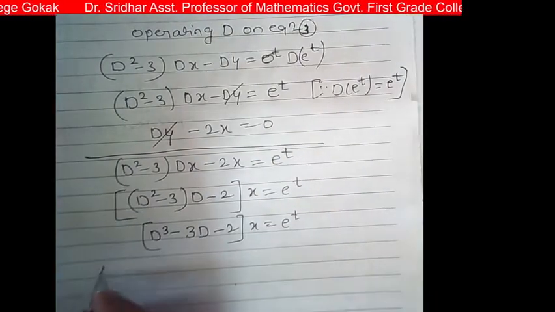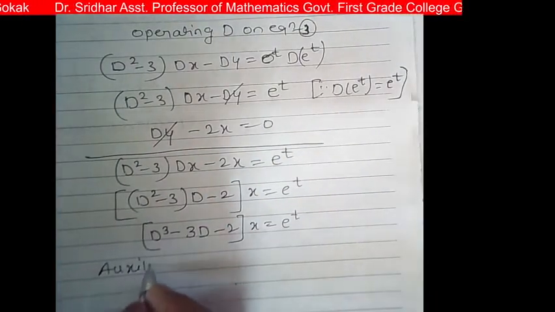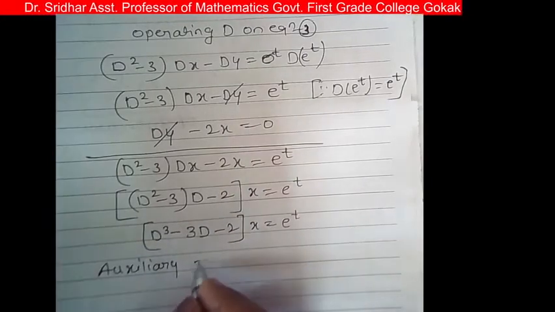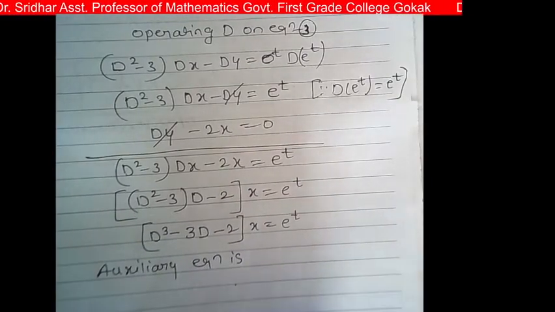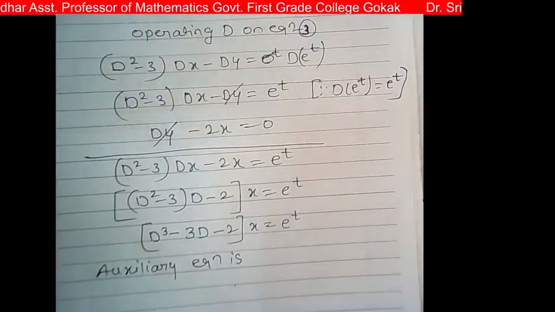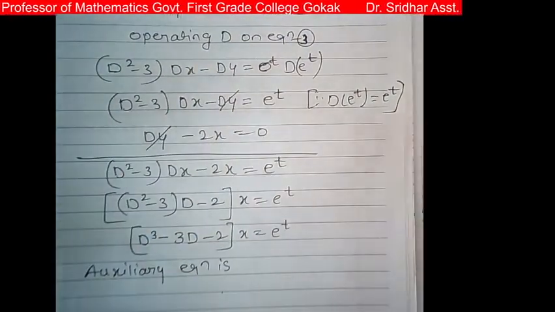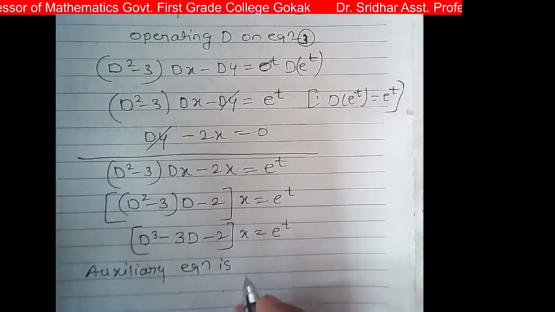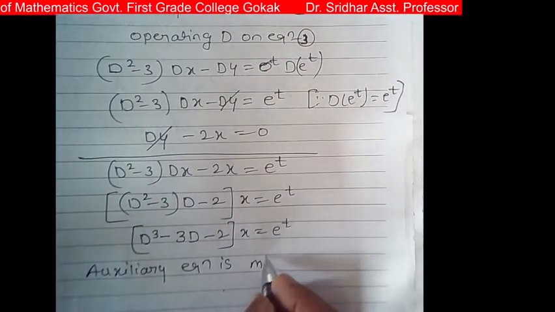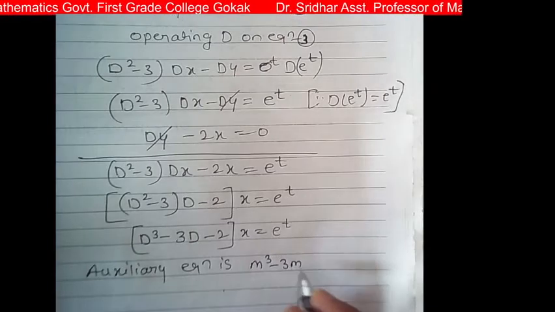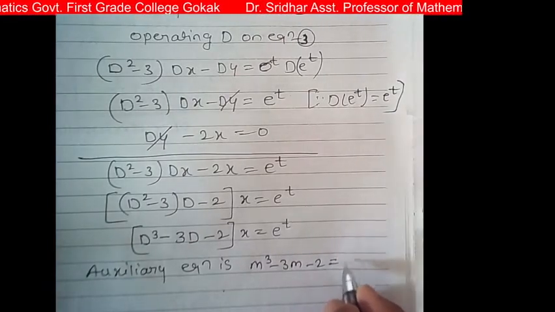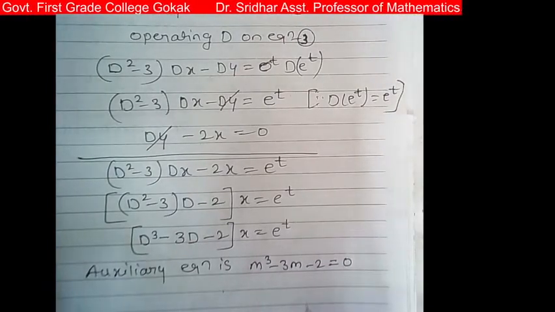So now the auxiliary equation is m cube minus 3m minus 2 equal to 0.